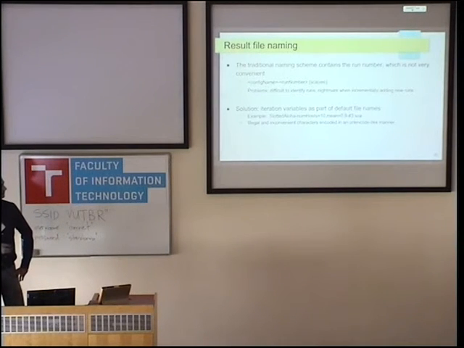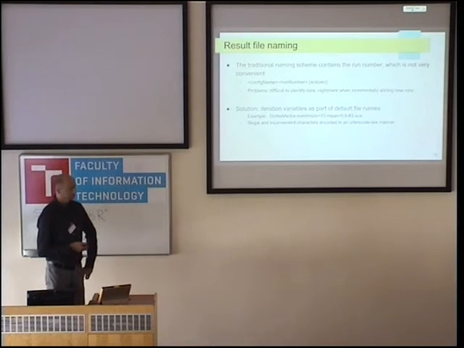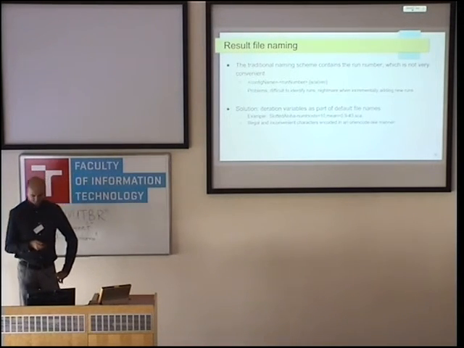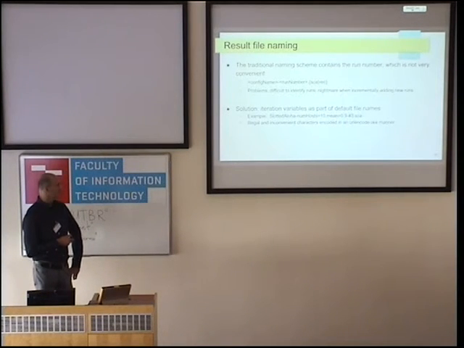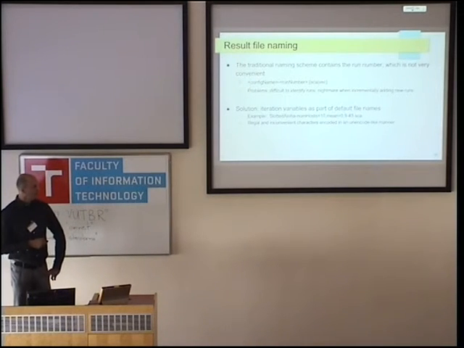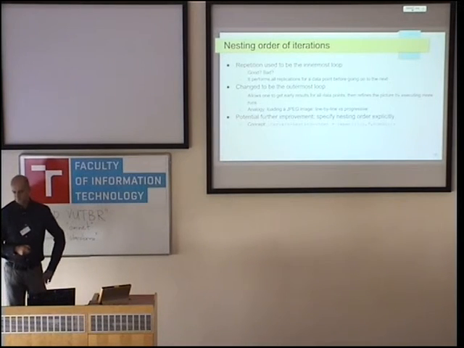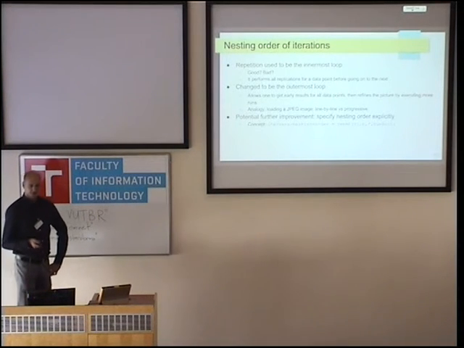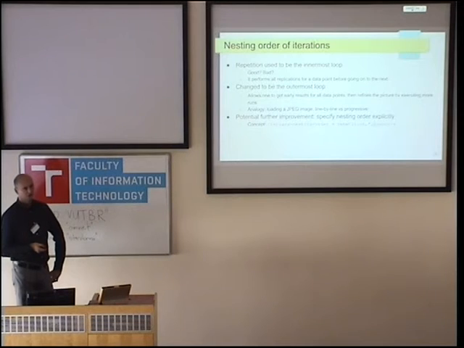Okay, we also talked about this, that the default result file naming contained the run number, which was inconvenient in many places, and now we changed the default to using iteration variables. This has also been a request, that the repetition counter used to be the innermost loop.